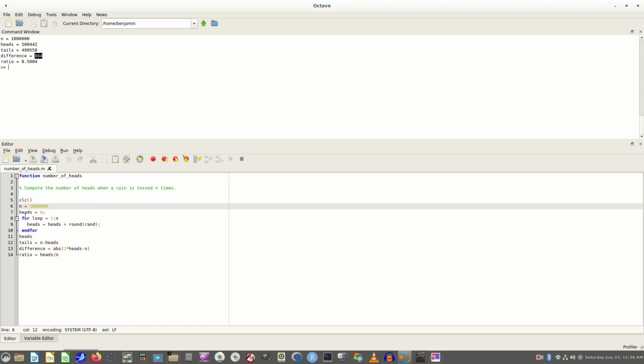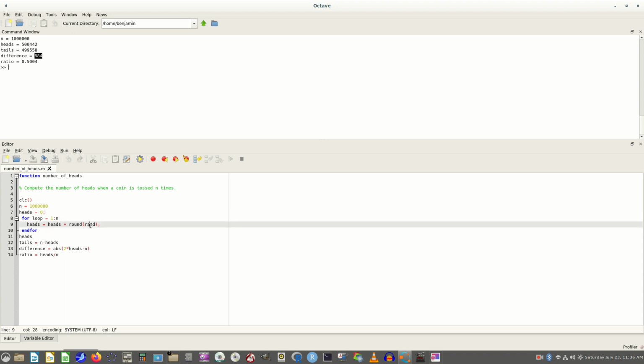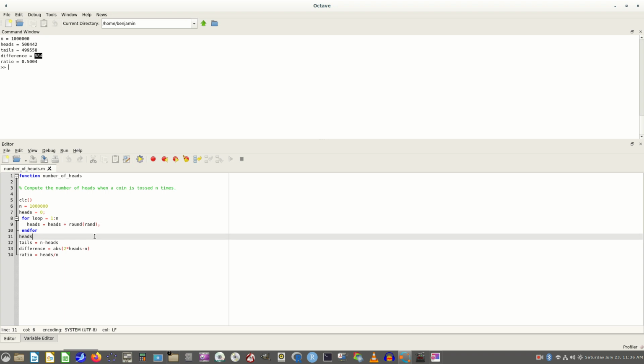And then we enter this loop, and it goes through it 1 to n times. Remember, n is 1,000,000, so it goes through this loop 1,000,000 times. Rand creates a random number in the interval 0 to 1. Round rounds anything between a half and 1 to 1, and anything between 0 and a half to 0. In other words, half the time it returns a 0, half the time it returns a 1. When it returns a 1, we add that to the existing number of heads, and that updates the number of heads.